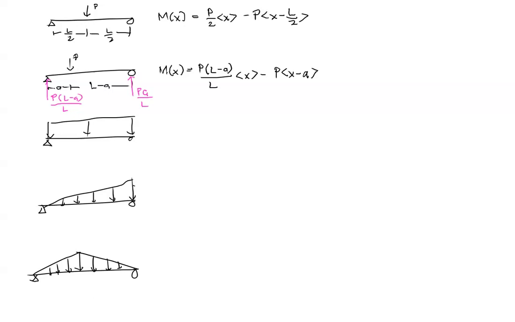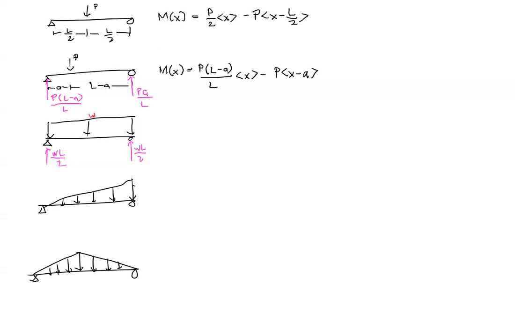So meron ka ng moment function for this uniformly distributed load. So length L. So this is WL over 2, WL over 2. And again, this is yung W mo, which is yung line load mo.